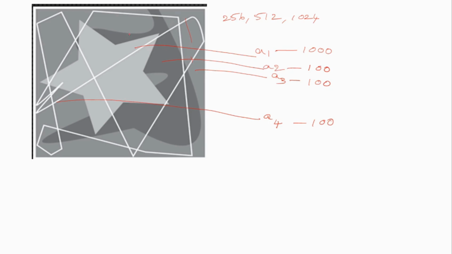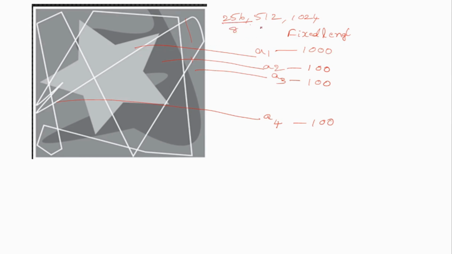Suppose it is represented by using fixed length coding. Fixed length coding means the number of bits assigned to each gray level is fixed. Suppose it is 256 levels, the number of bits assigned to each gray level is 8.